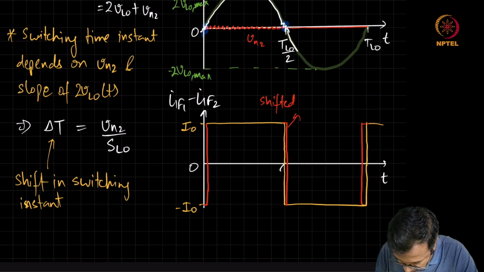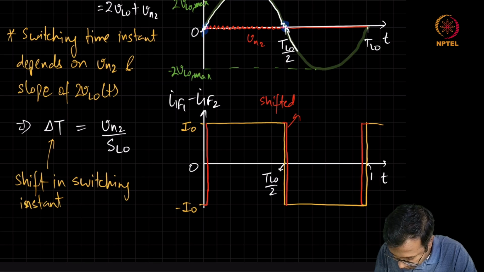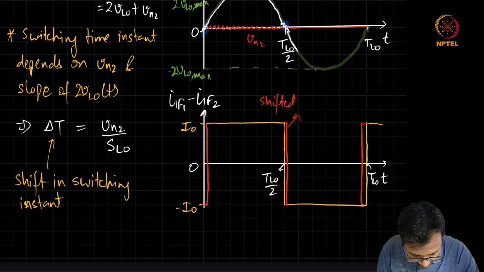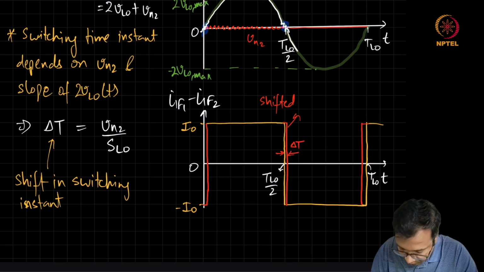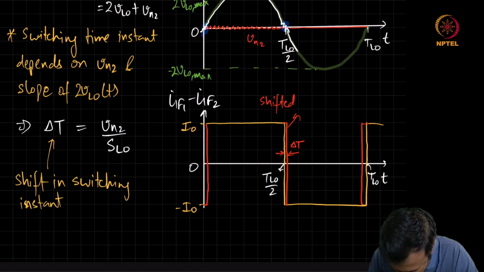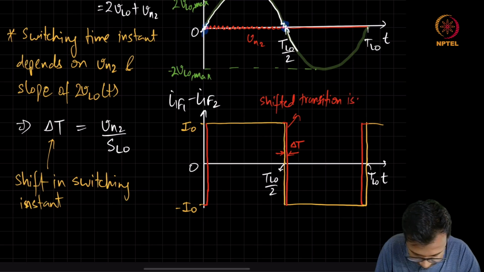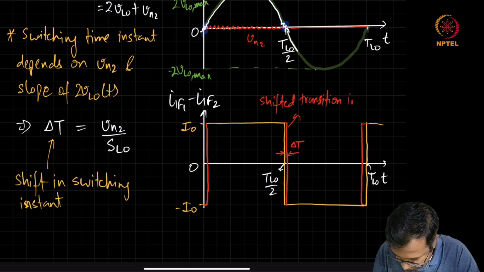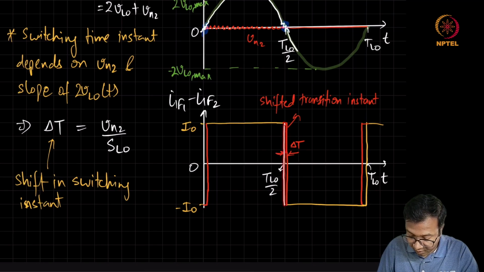So this is your TLO by 2, TLO. Here is the T. These narrow pulses are going to give rise to noise at the output.